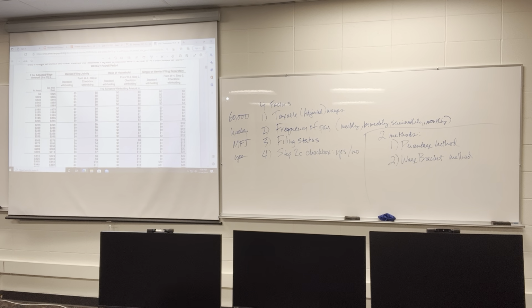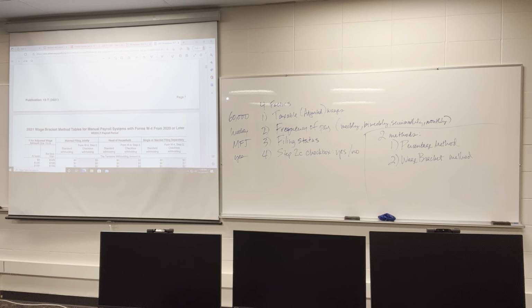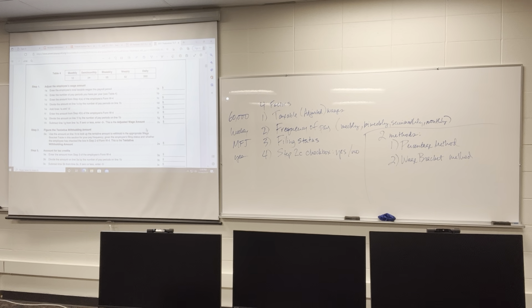So let's see, here's what the tables are. This is on a per payroll basis. That first method, we're looking at an annual basis, how much the withholding is, and then we're dividing it by the number of pays. Here, we're just starting out with the number of pays.